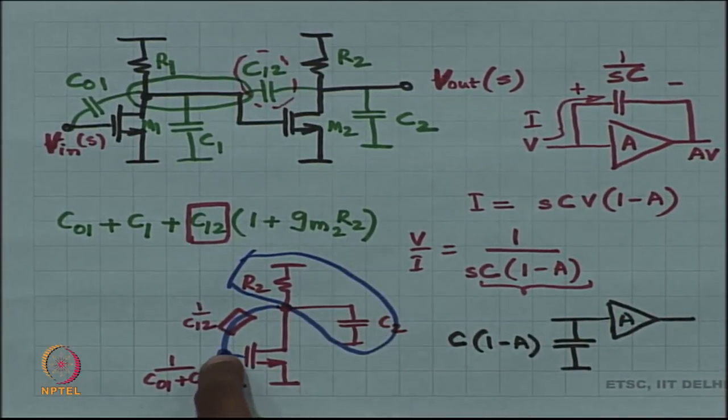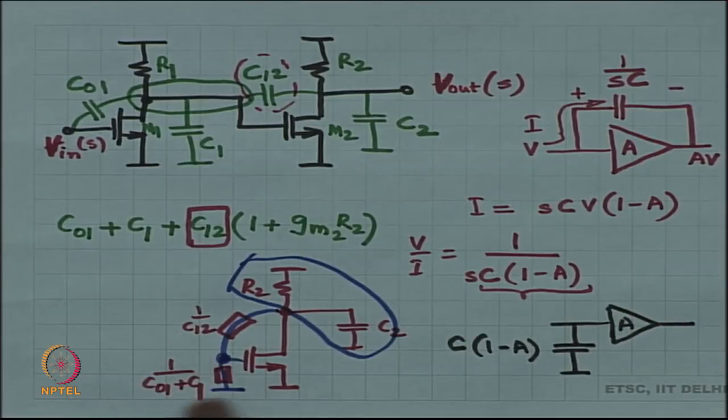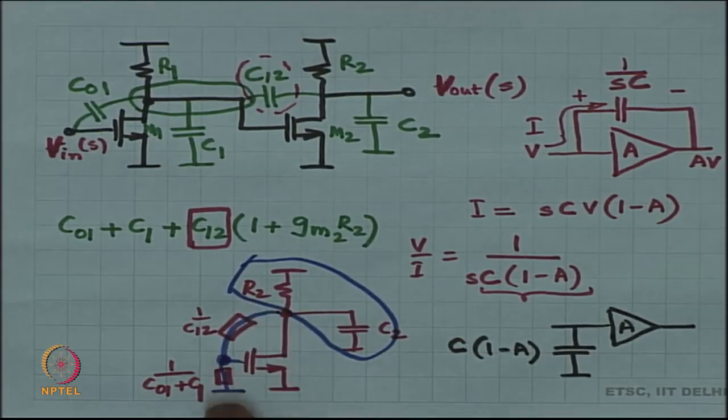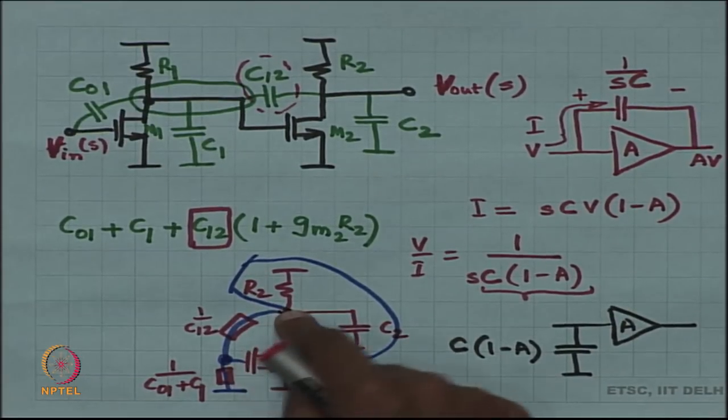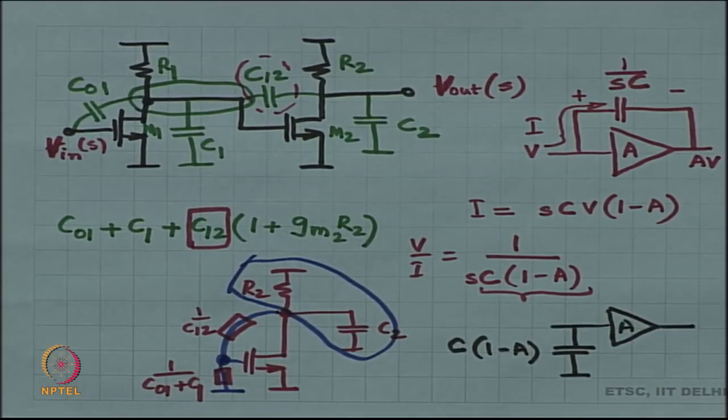I will get a voltage proportional to 1 by C01 plus C1. It is like a potential divider. So if I apply a voltage V over here, then the voltage over here is going to be V times C01 plus C1 divided by C12 plus C1 plus C01.